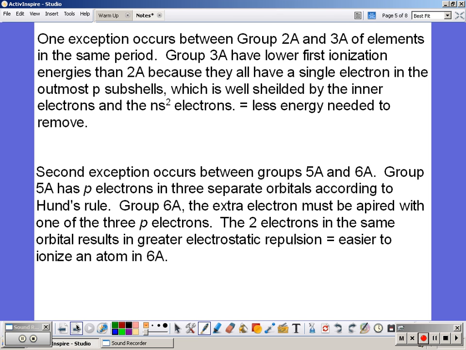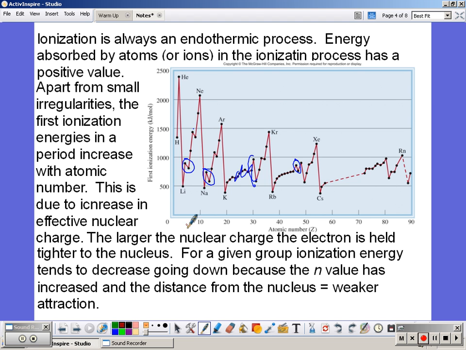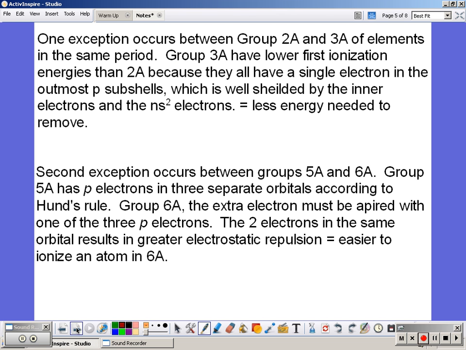So if we go back to our graph, the second exception occurs here. So what's causing that second exception? Well, the difference between 5A and 6A is that 5A has 3 electrons in the 3 separate orbitals of p, according to Hund's rule. 6A has an extra electron that must be paired with one of the 3p electrons.